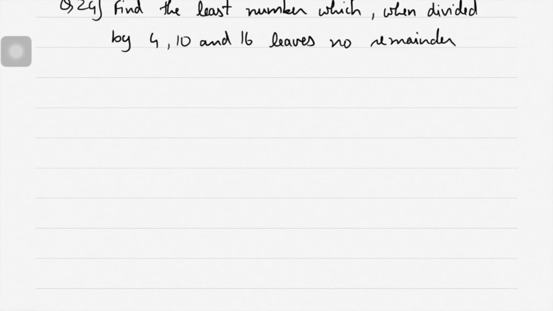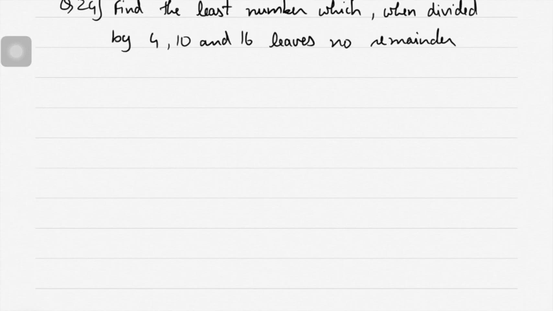So you have to find a number, and that number you are dividing by 4, 10 and 16 leaves no remainder. Okay. So again you are supposed to find LCM. So least number means the smallest number.